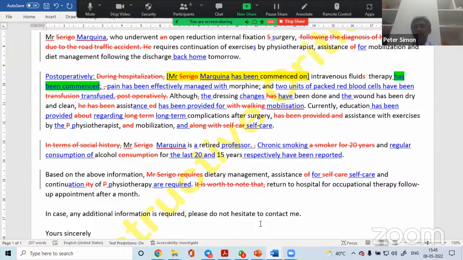Return to hospital for occupational therapy following follow-up appointment after a month.